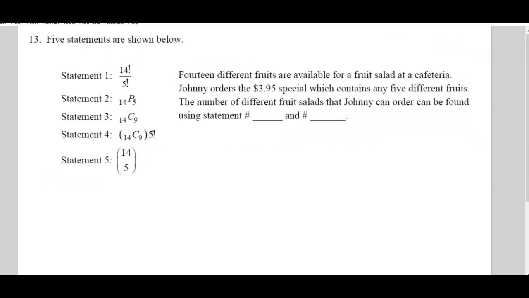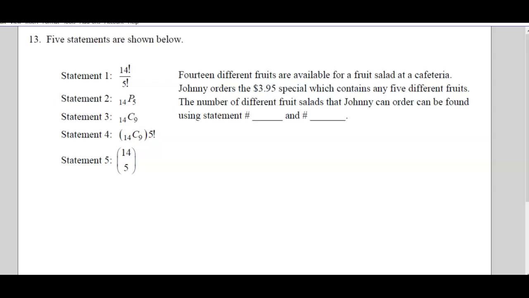This is a numeric response type question. 5 statements are given. You're told 14 different fruits are available for a fruit salad at a cafeteria. Johnny orders the $3.95 special, which contains any 5 different fruits. The number of different fruit salads that Johnny can order can be found using.